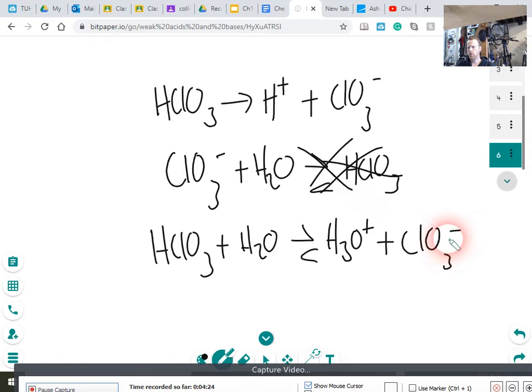So we can kind of look at, well, why is that? So why is that so stable? So let's kind of look at what we know. You should know HClO is very weak.